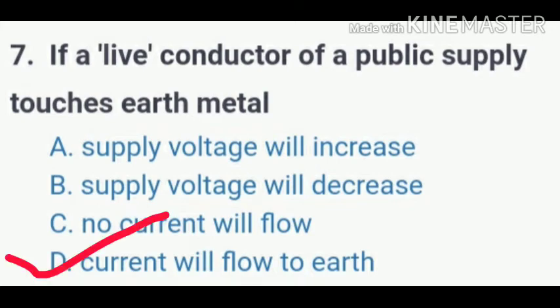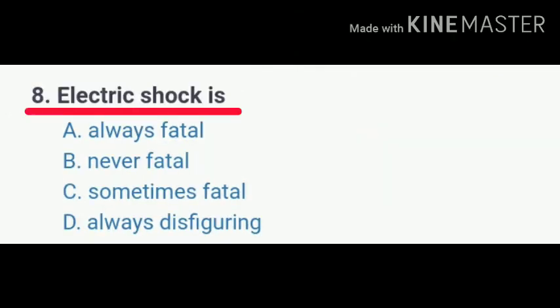So here option D: current will flow through the earth when the phase is connected to the earth. So the next question is, electric shock is always fatal, never fatal, sometimes fatal, or always distinguished. We know that an electric shock is fatal when the current or amperage is sufficient.